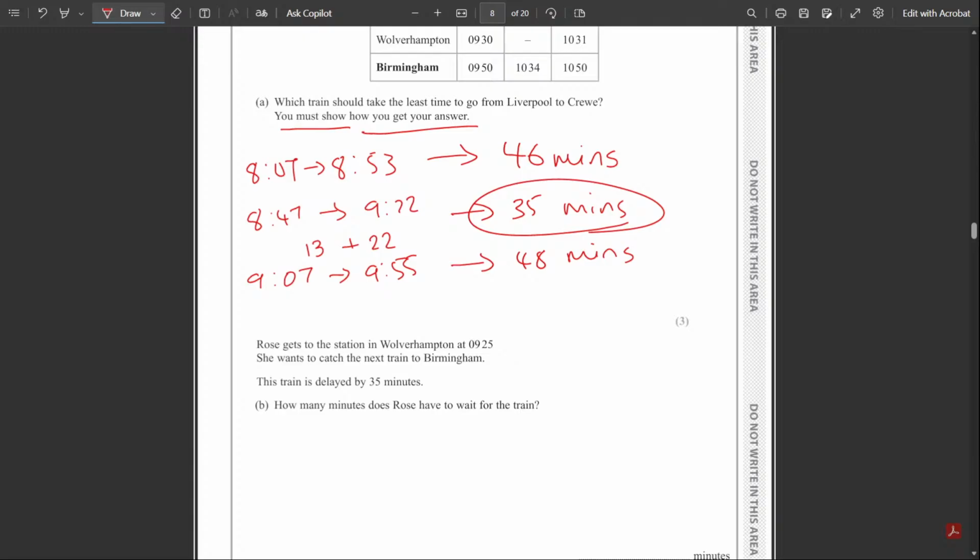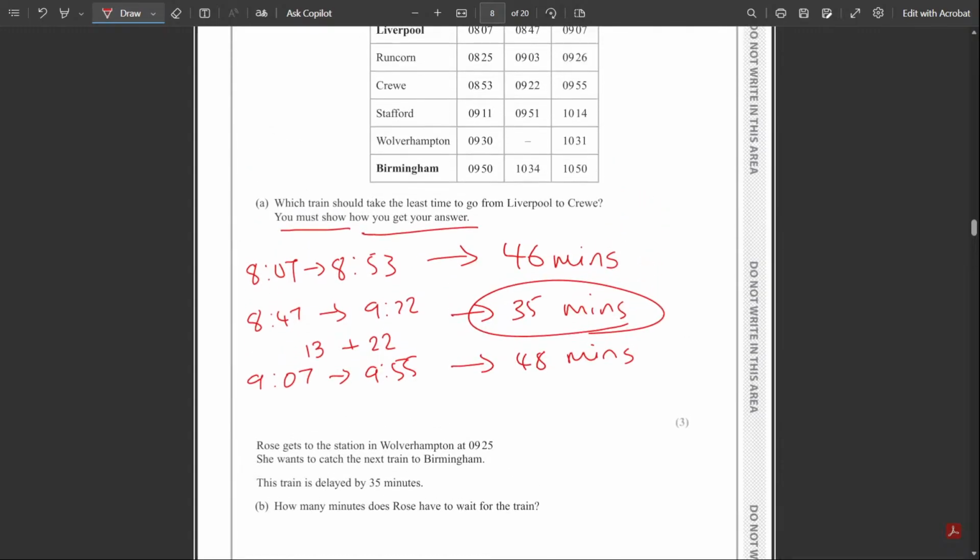Rose gets to the station in Wolverhampton at 9:25. She wants to catch the next train to Birmingham. So Wolverhampton at 9:25, so she can take 9:30 train. Okay. The train is delayed by 35 minutes.